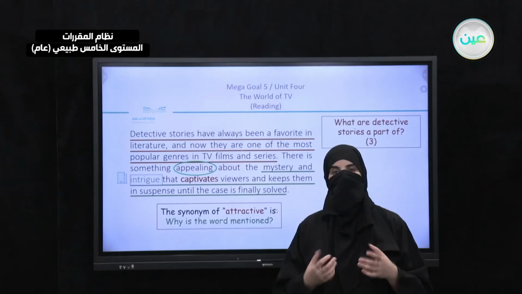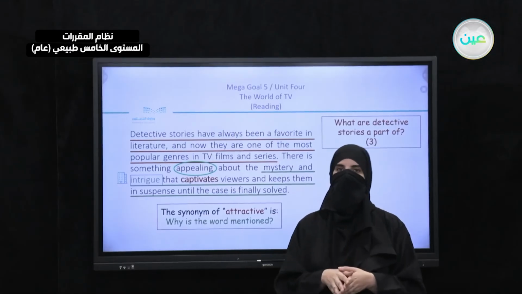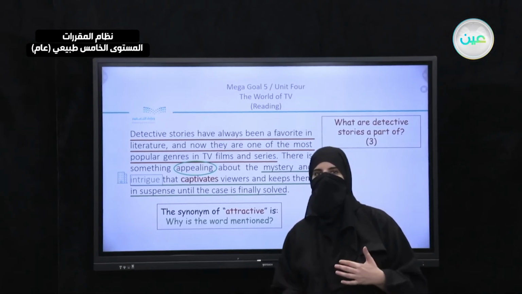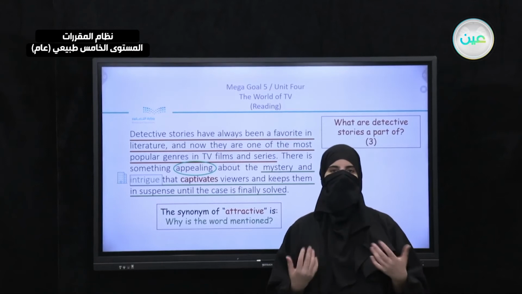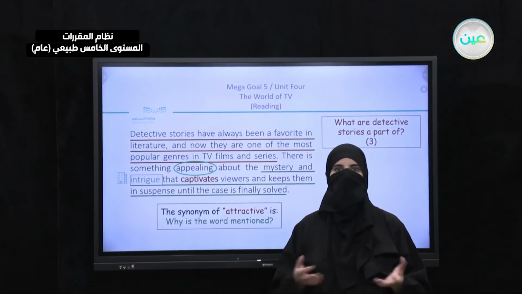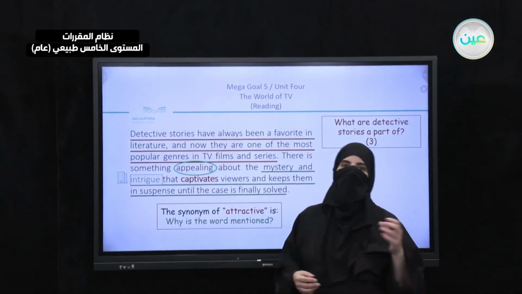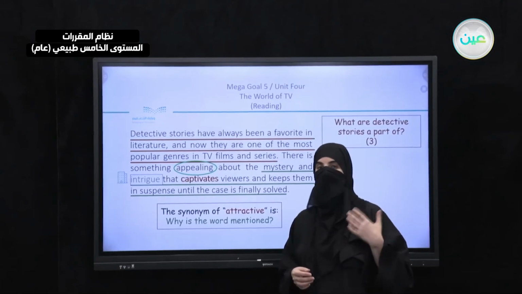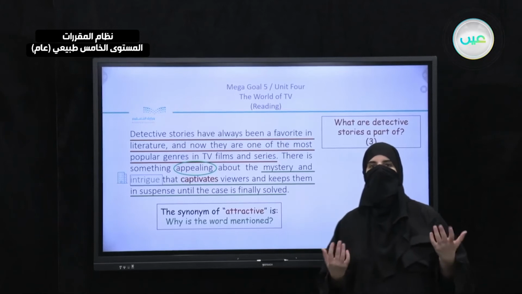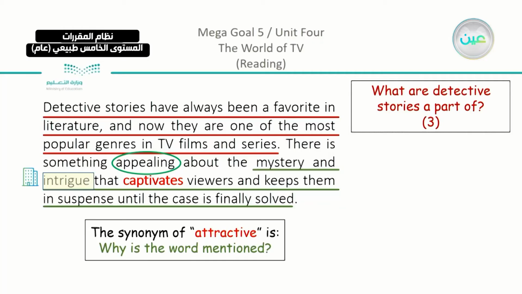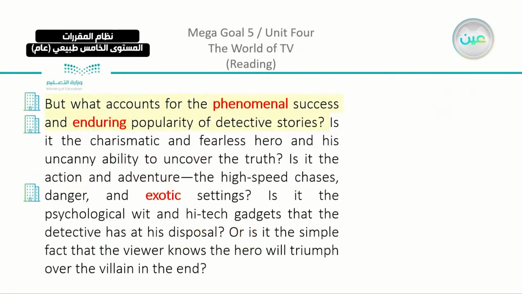Now, intrigue here is always related with the word mystery, which means that something is not revealed. We want to discover something that is like a secret here, and we are trying to reveal what are the facts and what is the case. So here, because some people find it very fascinating or appealing, we have the action movies or the mystery movies in general. Moving on. Now here in this part, actually, we have a question at the beginning.